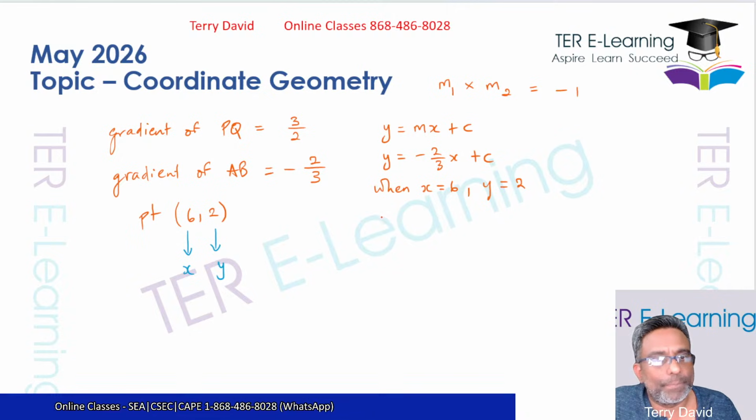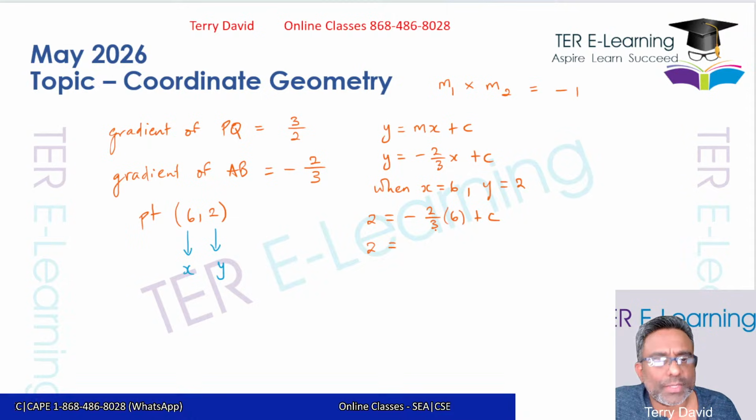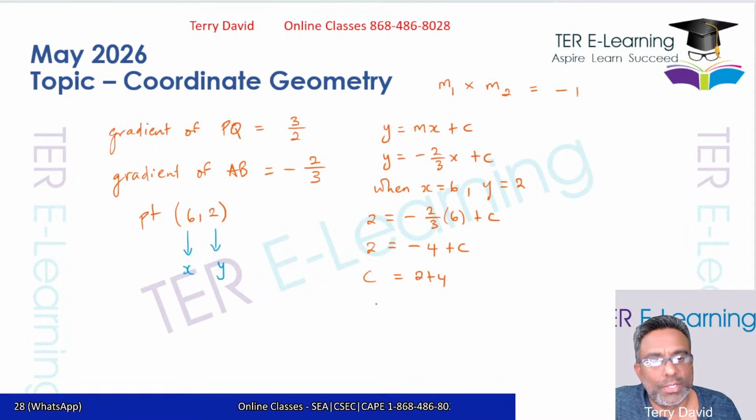So when x is 6, y is equal to 2. Therefore, 2 is equal to -2/3 multiplied by 6 plus c. So 2 is equal to, 3 into 6 is 2, so this is -4 plus c. Therefore, c is equal to 2 plus 4, so c is equal to 6.